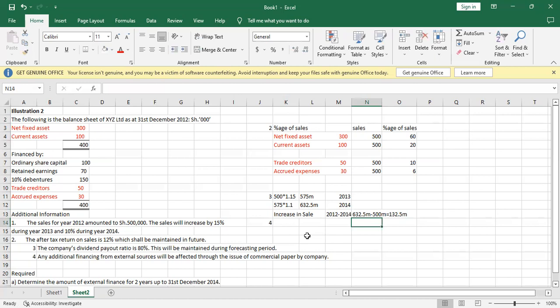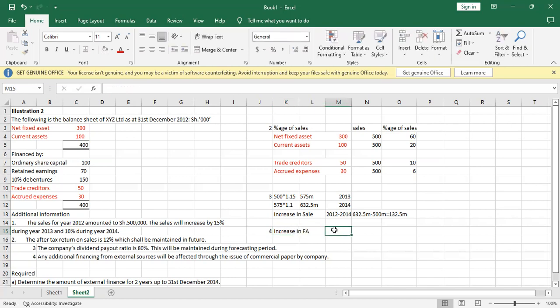Because this is what we'll need to know whether we are going to get spontaneous external funding, or we are going to get the money from the retained earnings. So that becomes our step number 4, and it is the last step. So I'm looking to compute the external requirement for this firm in the 2 years, that is the year 2013 and the year 2014. So we can look at the increase in fixed assets.